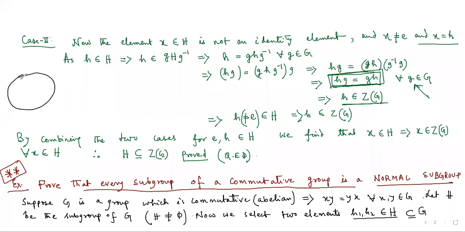Always try to remember the figure. Whenever h1 and h2 are selected from this particular section, actually we are selecting them from the entire sphere. So we can consider h1, h2 to be members of G, but we know that the group G is commutative.